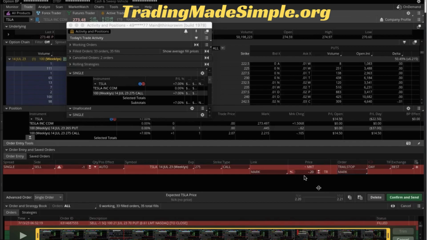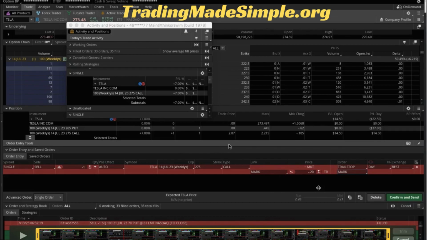I'm willing to give Tesla, as an example, in this scenario, 20 bucks to continue to grow. And if it doesn't, and from its highest point it drops down below $20, then it'll stop me out.